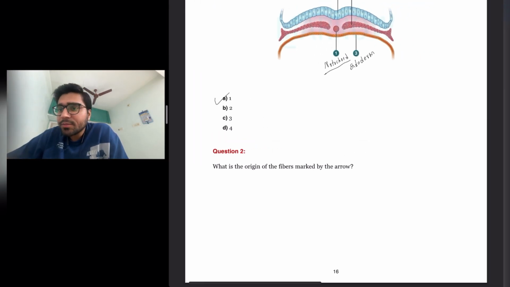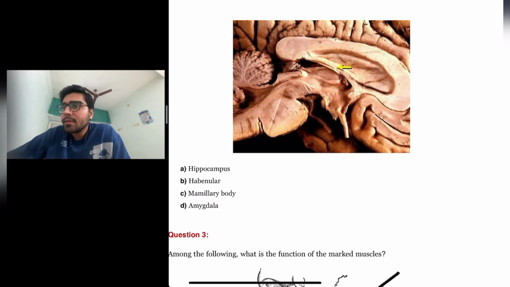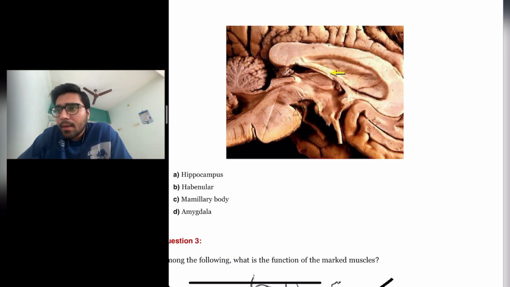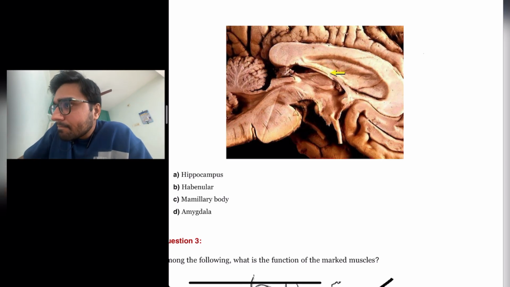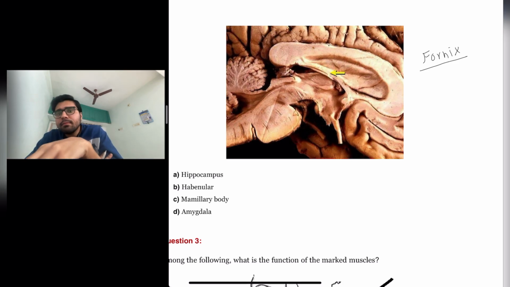The second question is what is the origin of fibers marked by the arrow? So this arrow indicates fornix. What is the origin of fornix and what is the site it will end?